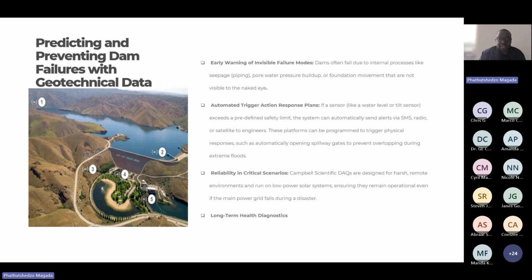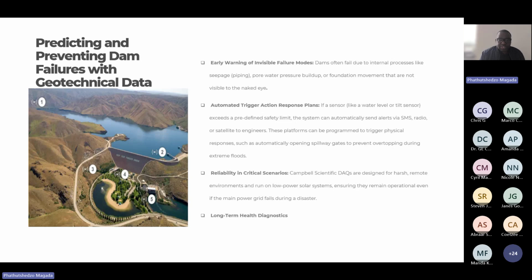If sensors like water level or tilt sensors exceed a predefined safety limit, the system can automatically send alerts via SMS, radio, or satellite to engineers. This platform can be programmed to trigger a physical response, such as automatically opening spillway gates to prevent overtopping during extreme floods.